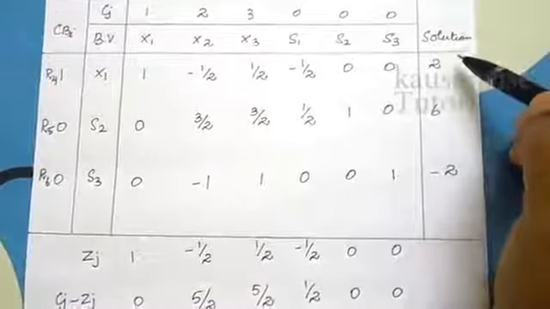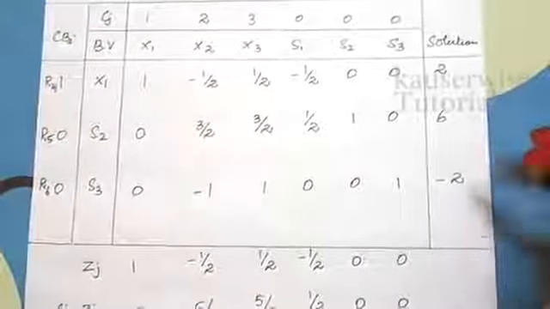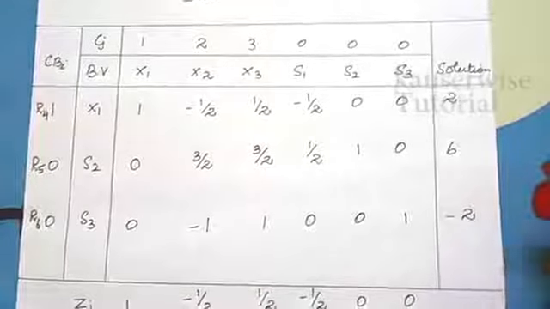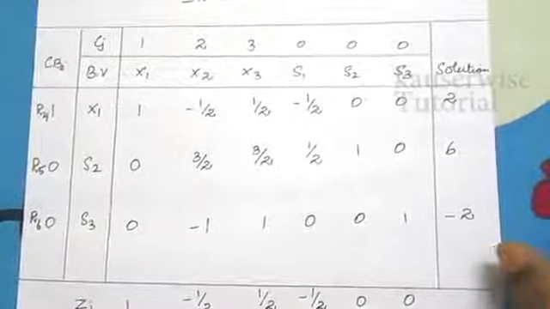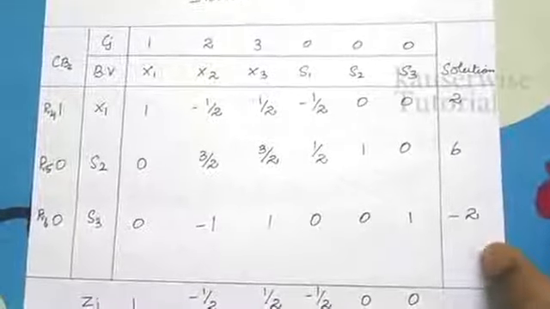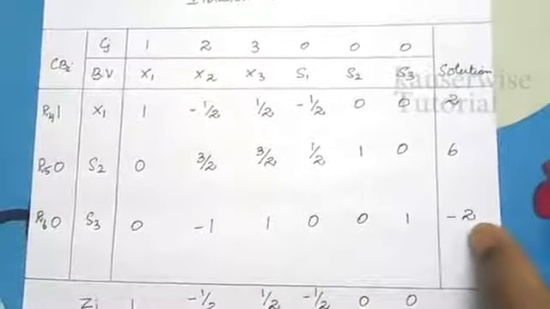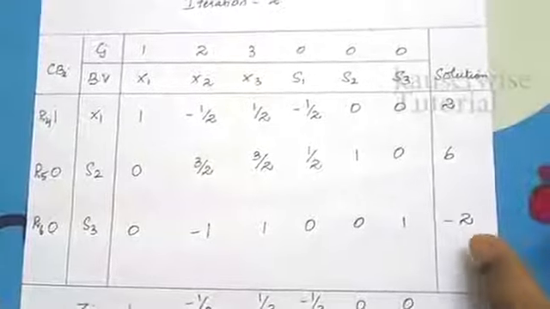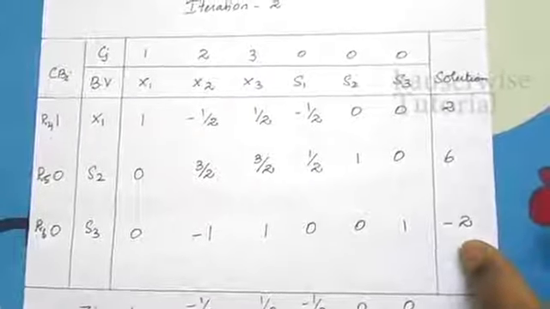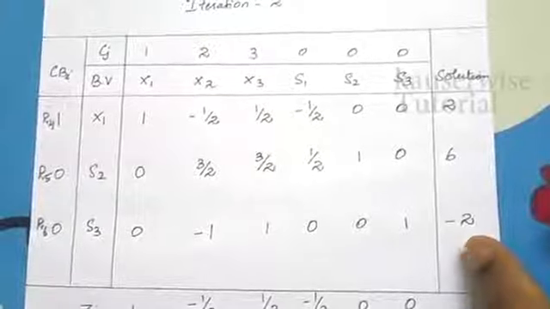Now we have to see the solution column to check the feasibility. Look at the solution column. Still we have got one negative value. The feasibility condition is all the solution values must be positive. But we have got one negative value, which means this solution is an infeasible one. So we have to move further in order to remove the infeasibility.